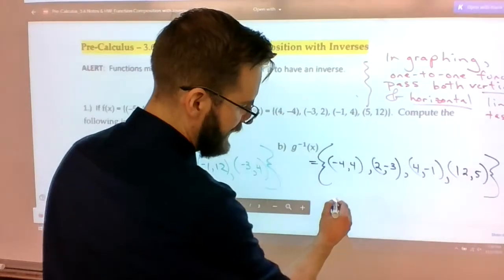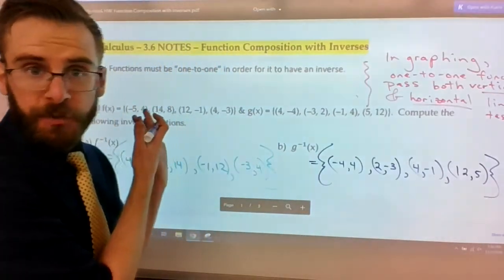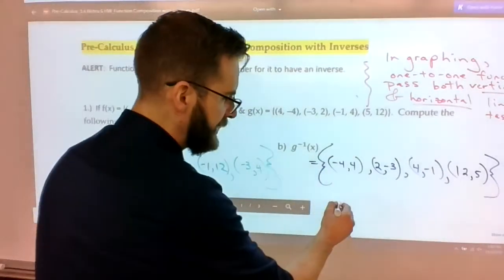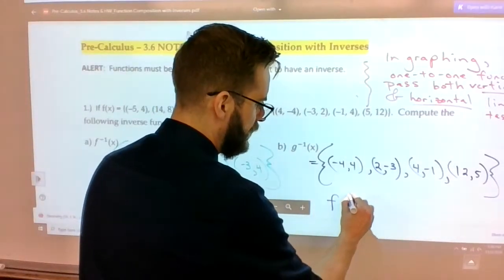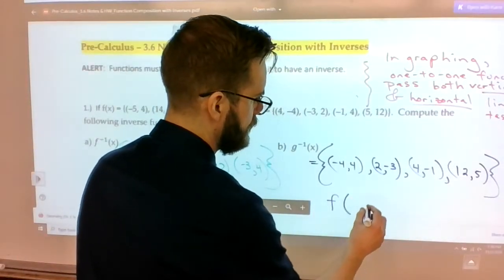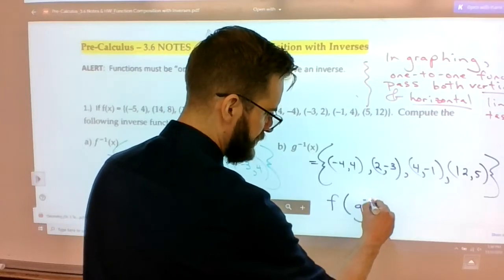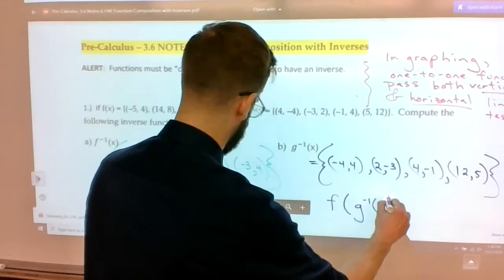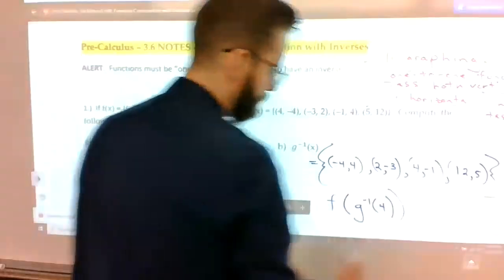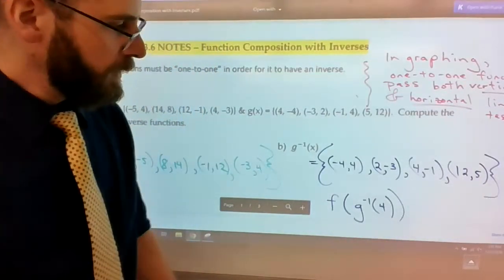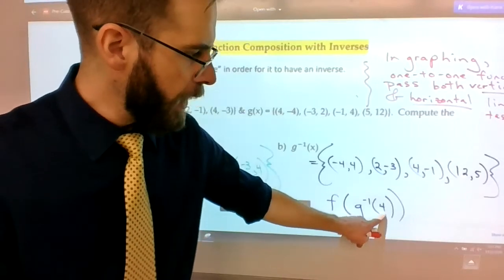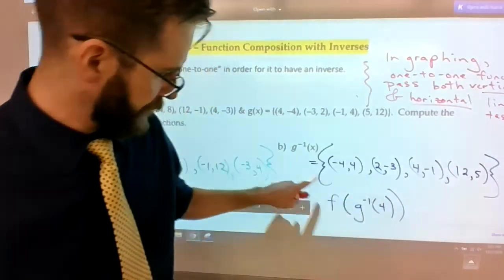Remember function composition, when you did f of g of x, but you had to do these ordered pairs? Think if you had to do f of g inverse of 4. What would that look like? Well, the first thing you do is go to your g inverse function.